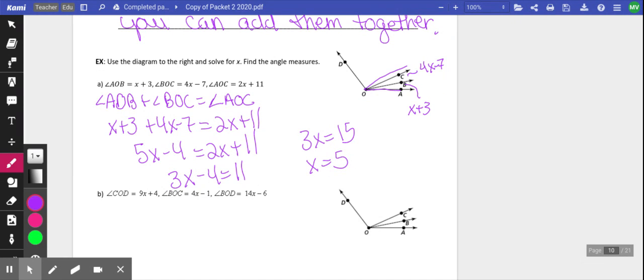So now that we know x, we need to find our angle measures. So the measure of angle AOB is 5 plus 3, or 8. The measure of angle BOC is 4 times 5 minus 7, which is 13. And then the measure of angle AOC is 21 because they just add those two together.